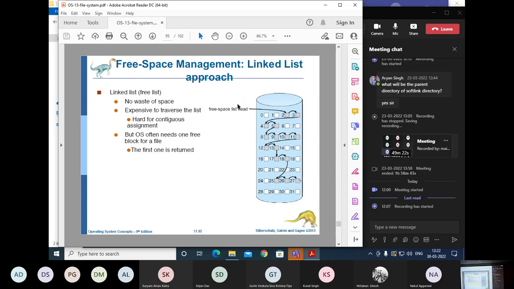Because more often than not, you write in 4 kilobyte chunks. 4 kilobytes is quite a bit of text actually. All you need is one block to assign to that file. So if it is a small write, you take the first block using the free list head, and you just give it.